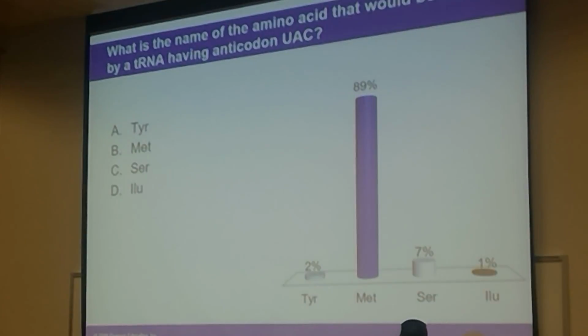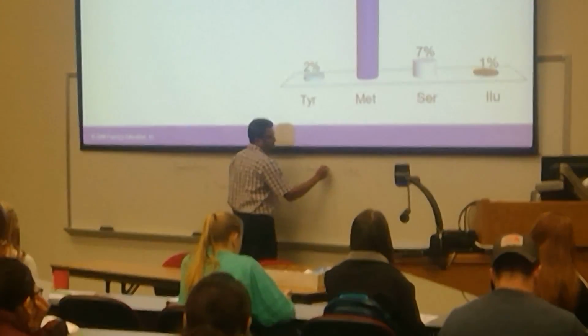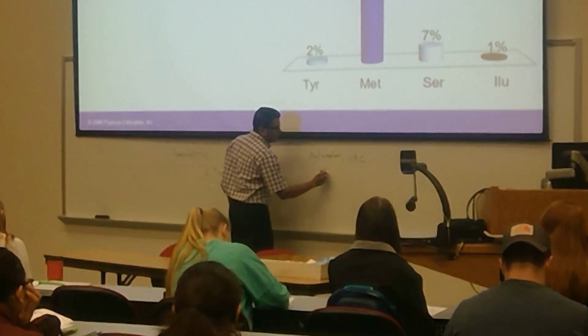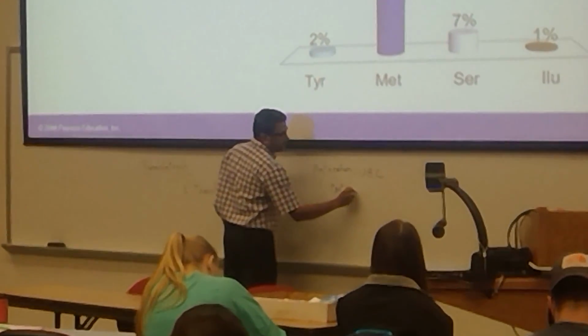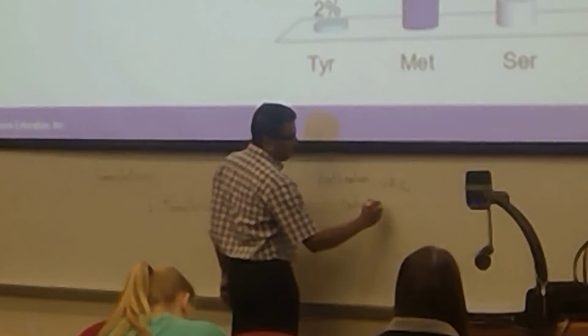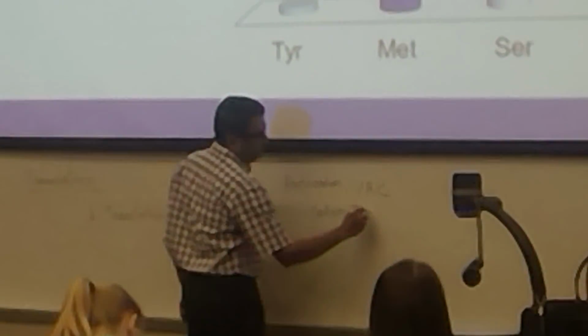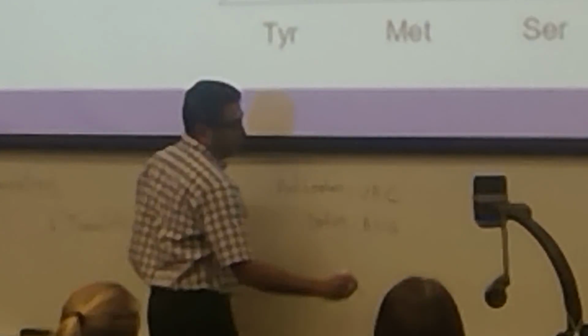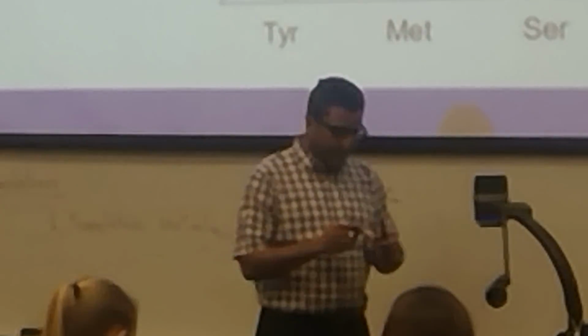So what is the answer? Most of you got it. I don't know the answer, let me check. So the anticodon is UAC. This is the anticodon. So the codon is going to be AUG.